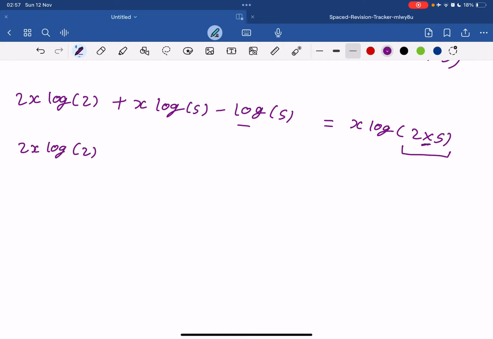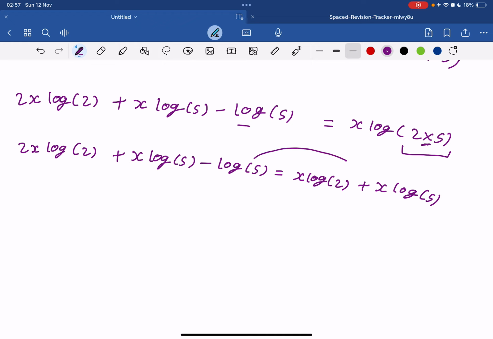2x log base 2 plus x log base 5 minus log base 5 equals x log base 2 plus x log base 5. Now I want x as the subject. So I'm going to move all the x terms to one side and anything that does not involve x to the other side.